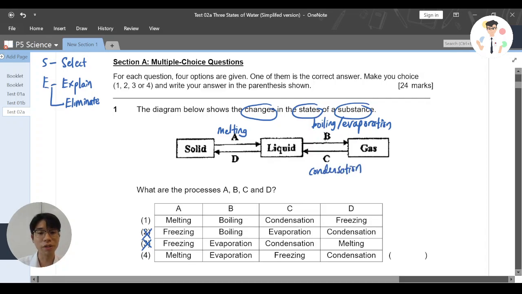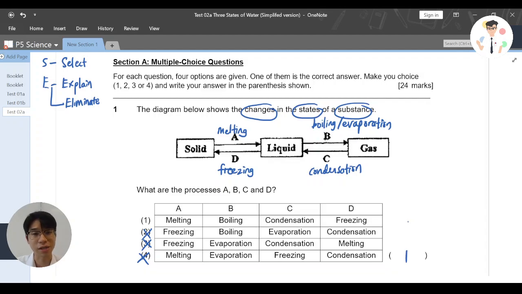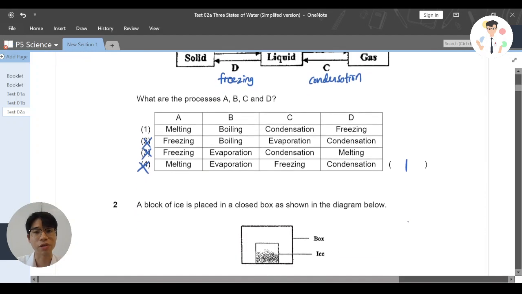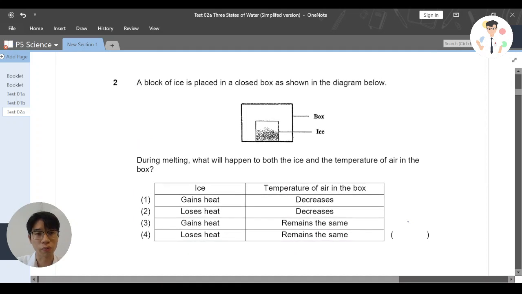So you can see that option number 4, which mentions freezing, is actually wrong, because freezing is the process of the substance going from liquid to solid. So it will be option number 1. If you are wrong for the first question, it means that you would really need to spend more time understanding how these processes work. Okay, now let's move on to question number 2.